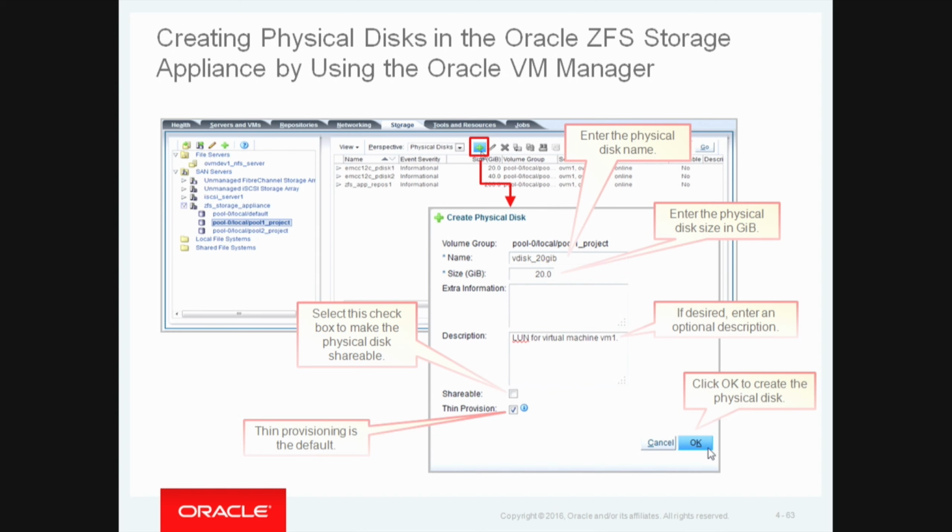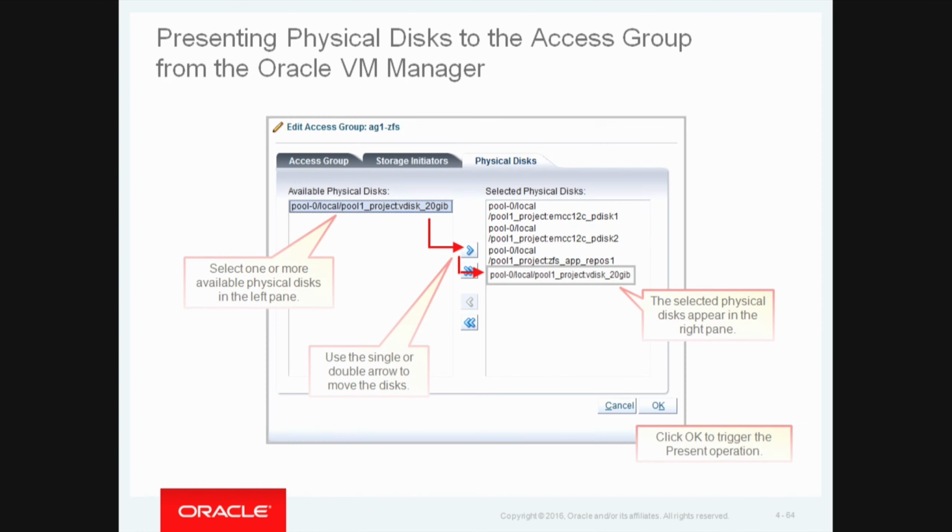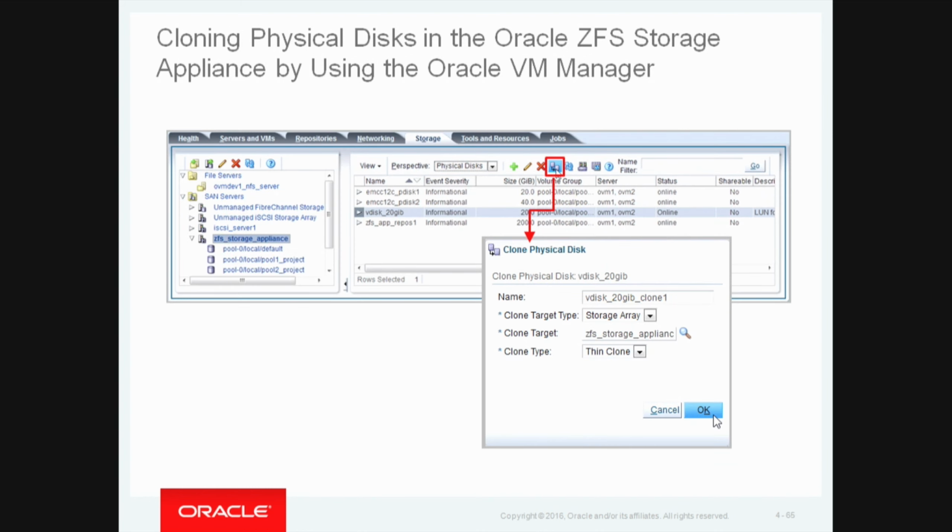These are simply configurations that you have to run from the panel or from the command line, and you have to present these physical disks to access groups in order to be able to manipulate them through the Oracle VM servers.